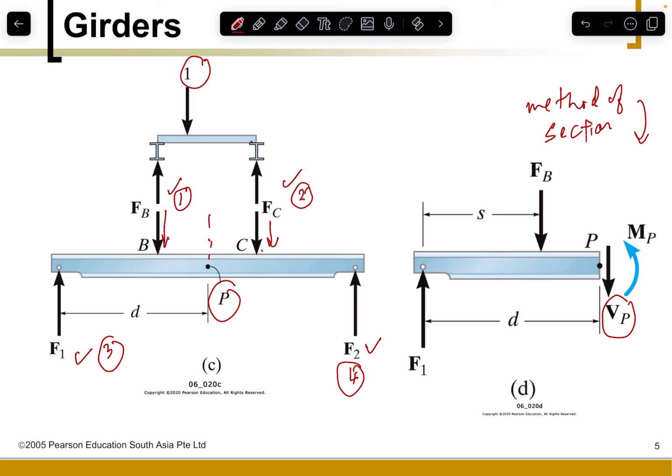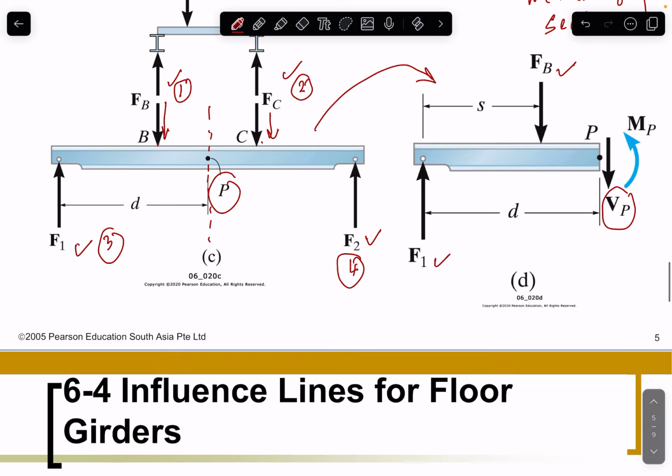You cut here, and it will go to this. You cut the section, you already know F1, you already know FB, then you can find VP. This is what we call the method of section, meaning that you can use the static procedure as usual.